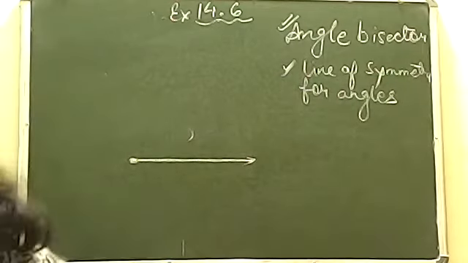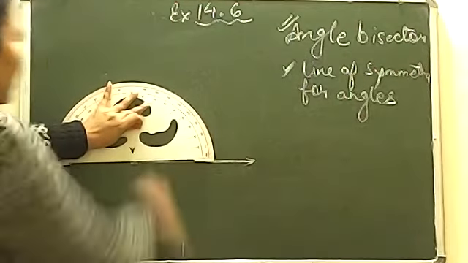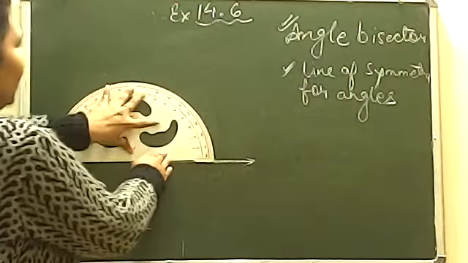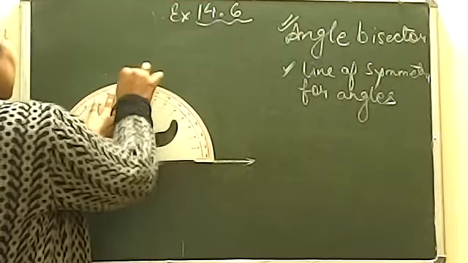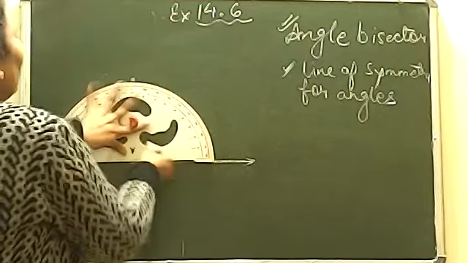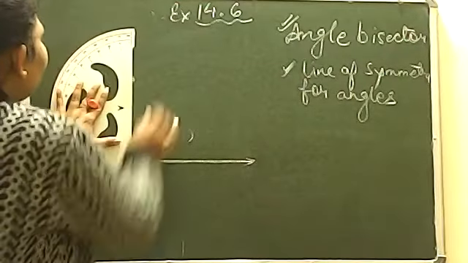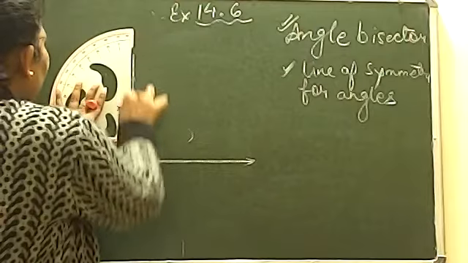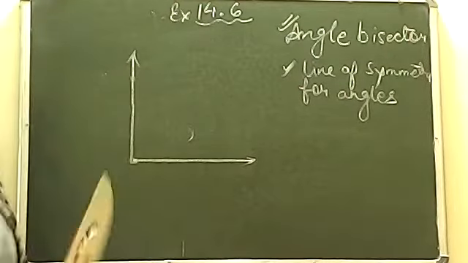Now I will take my compass and put it here and see which angle I have to make. So I think I should make 90 degrees this time. Those who have already tried 90 degrees can draw any other angle, beta. This time you take another angle. So this is now a 90 degree angle.